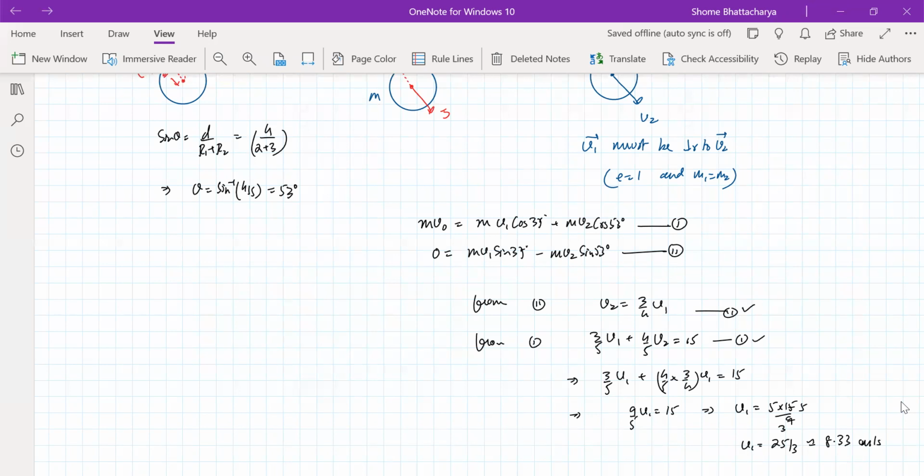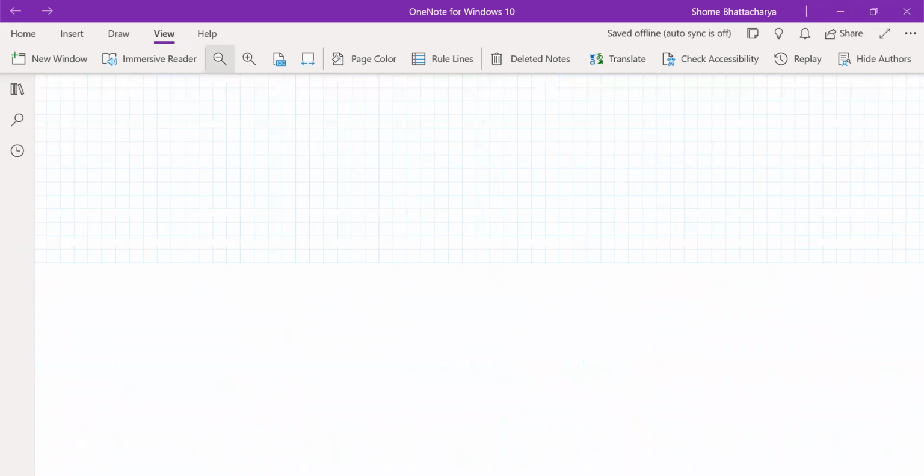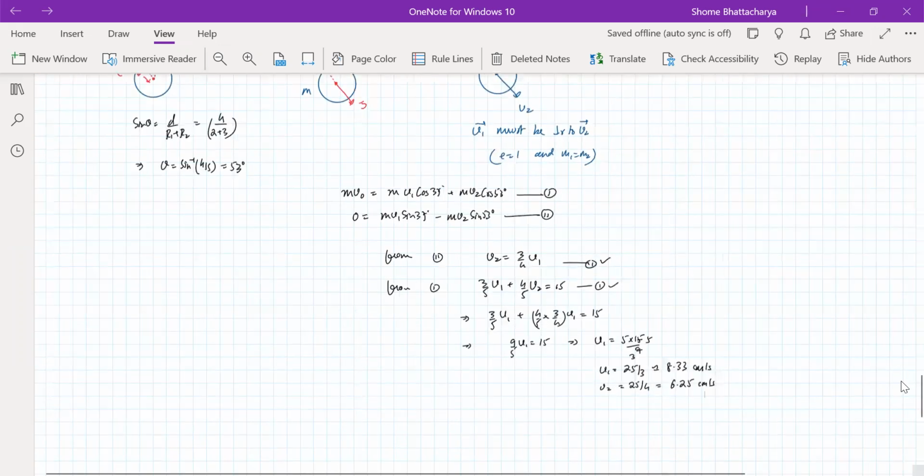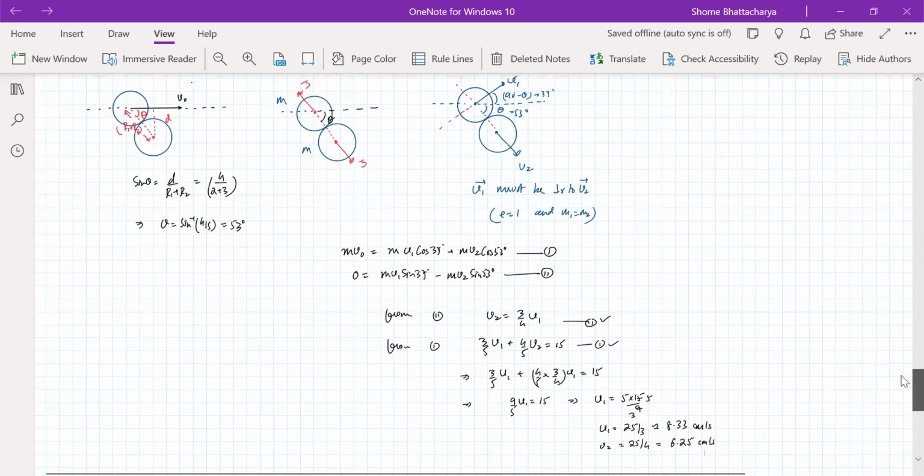Whatever, centimeters per second. Then V2 becomes, okay, so this becomes the easy way of solving this question. Sir, it will be 6 by 5 V1, no? Yes, sir.